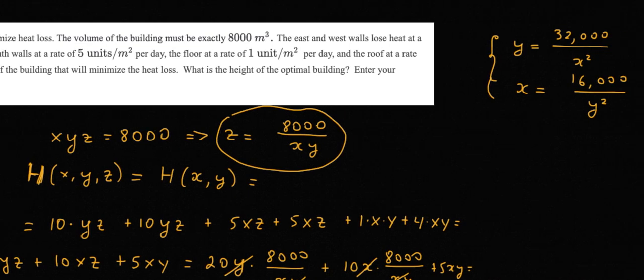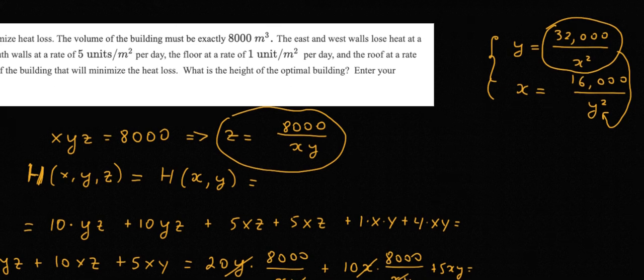One way to do that would be to take from the first equation the expression of y in terms of x, 32,000 over x squared, and plug that into the second equation instead of y. That would give us the equation for x, which we can solve. Once we have the value of x, we can plug it into the first equation and solve for y.